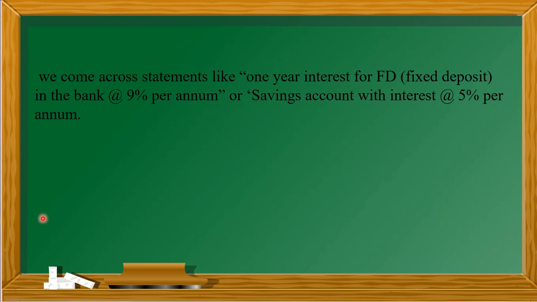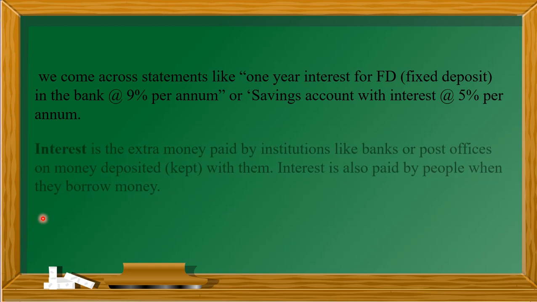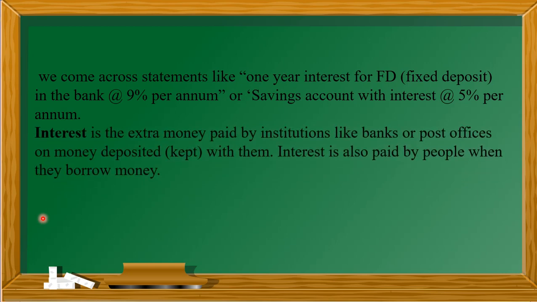All these sayings are about interest. So what is interest? Interest is the extra money paid by institutions like banks or post offices on money deposited or kept with them. It is also paid by people when they borrow money from others.